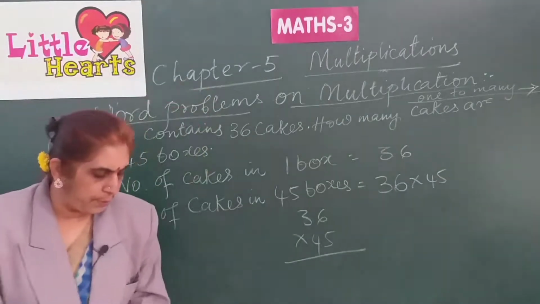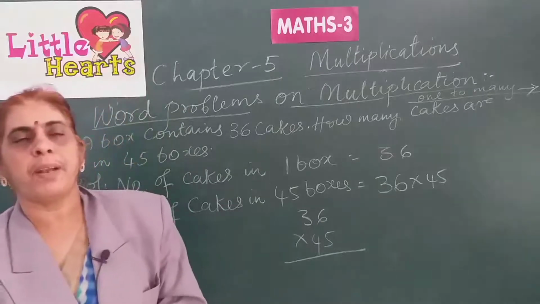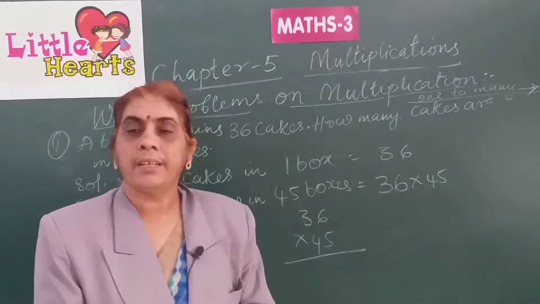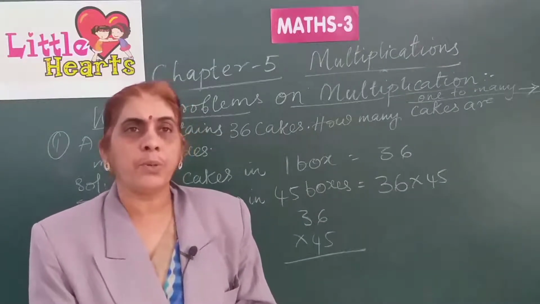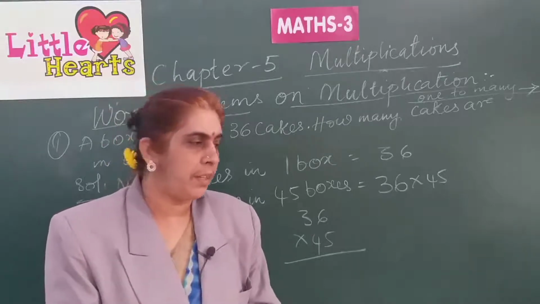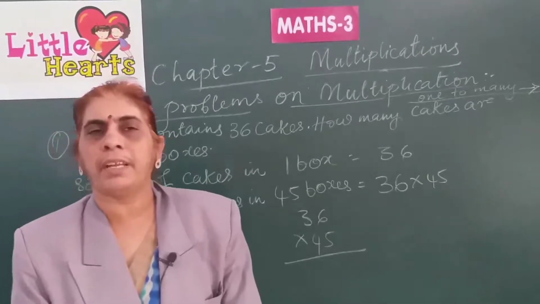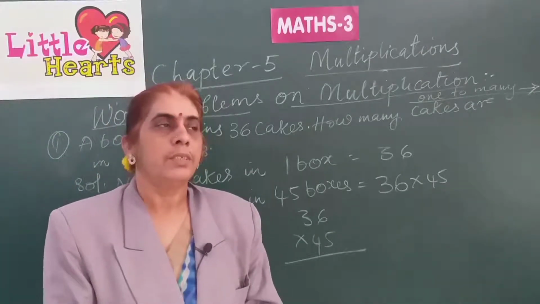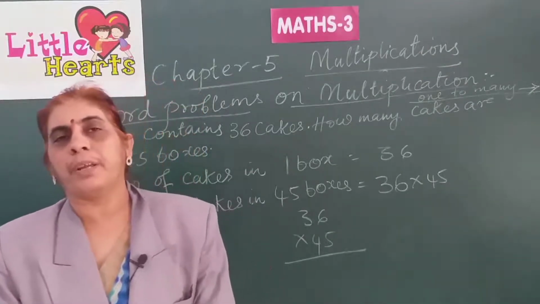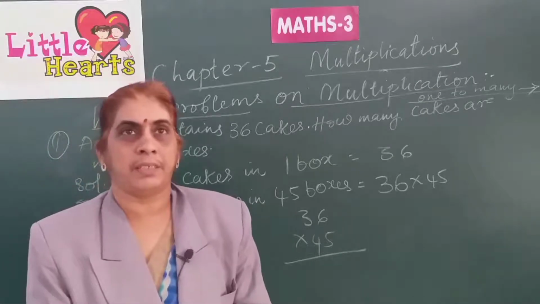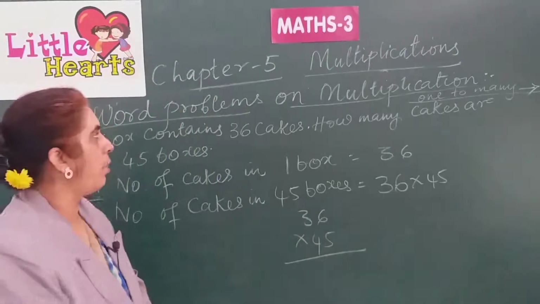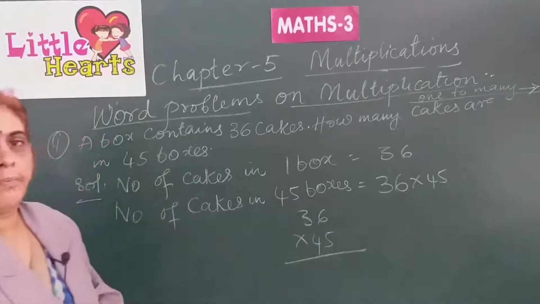So what do you do? You have to multiply 15 by 5. That is 1 to many. Cost of 1 is given. You are asked to find the cost of many. 1 to many is always multiplication. So you need 75 rupees to buy 5 pens.